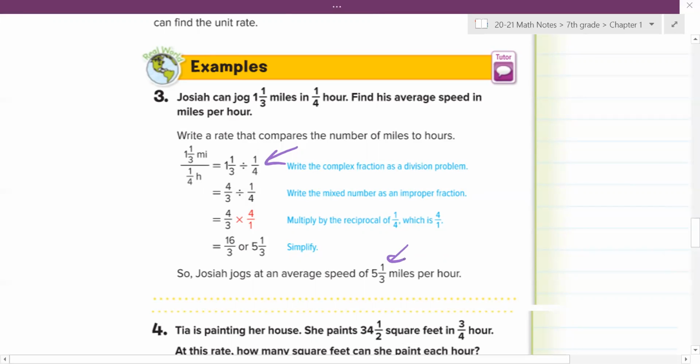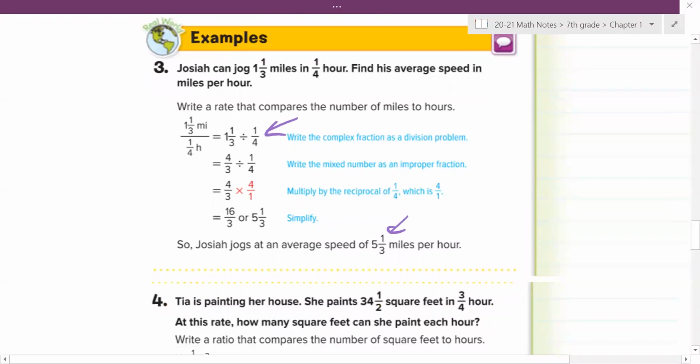So I'm going to use a parenthesis on that just to make sure. 1 ABC 1/3 divided by open parenthesis 1/4, and I got 5 1/3.